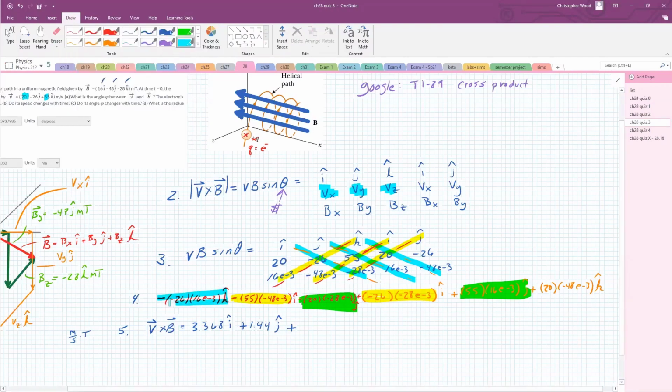Here's one of them. Here's the other one. Okay, K hat.